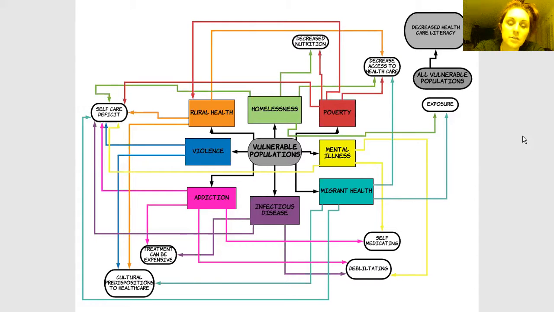So we see first to the left, the green arrow, that homeless are exposed or have higher risk for self-care deficit. So when you don't have shelter, which is one of Maslow's hierarchy of needs, we really can't take care of anything else above that.